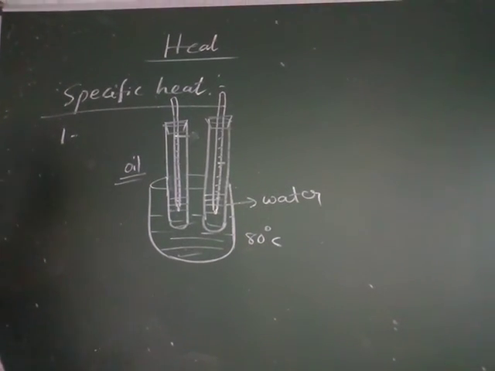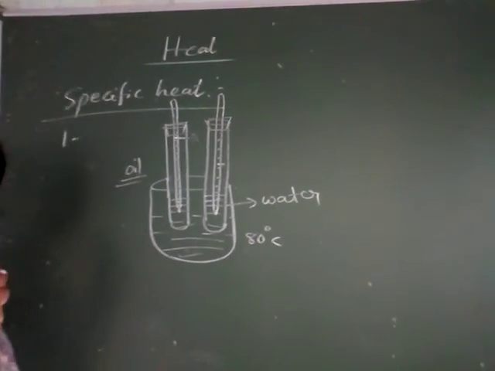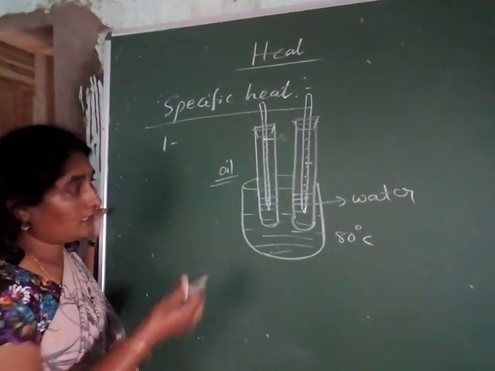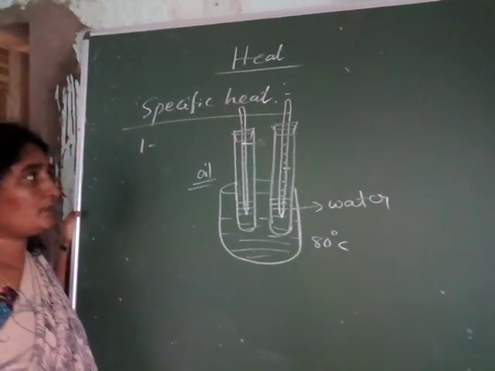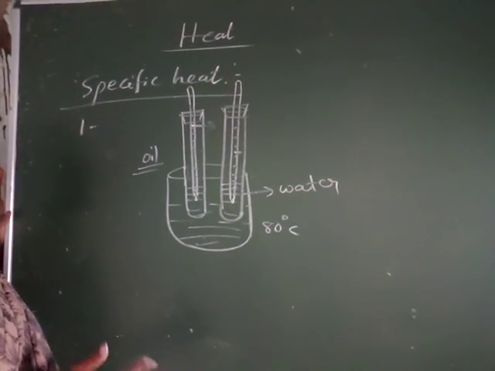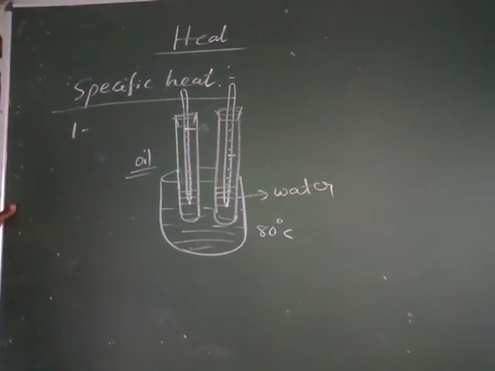That means we can conclude that different substances absorb heat differently. Do you understand? A very simple experiment. That means the rise in temperature is different for different substances. This is the first topic in specific heat.